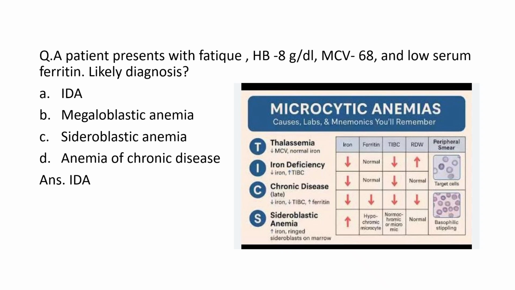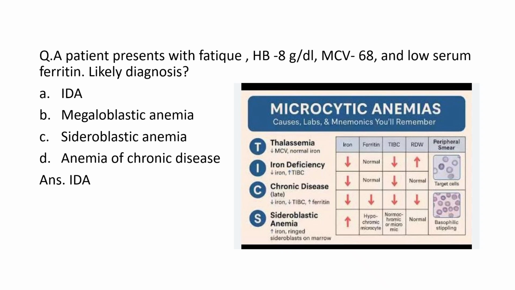We have the options iron deficiency anemia, megaloblastic anemia, sideroblastic anemia, and anemia of chronic disease. So option B is out, as it is megaloblastic anemia, but the patient has microcytic hypochromic anemia. Now we have three options: iron deficiency anemia, sideroblastic anemia, and anemia of chronic disease.